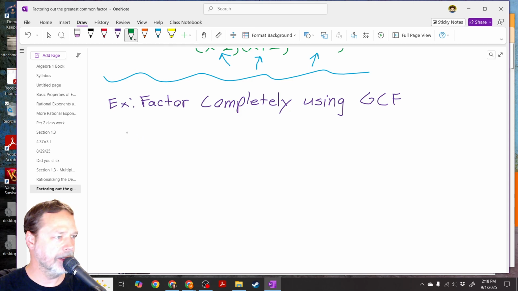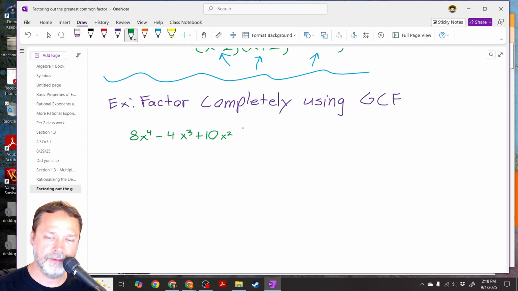Let's go ahead and do 8x to the 4th minus 4x cubed plus 10x squared.